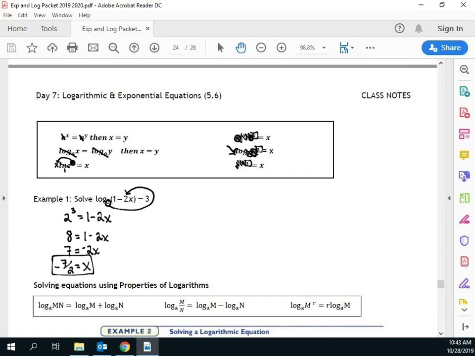Any questions about that? You're using the rule of converting log functions to exponentials to help you solve this equation. We could not have done it without converting it to exponentials, because the variable is in the argument of the log function, so you can't. The only option you have is to convert it out. That's the only way you can do it.